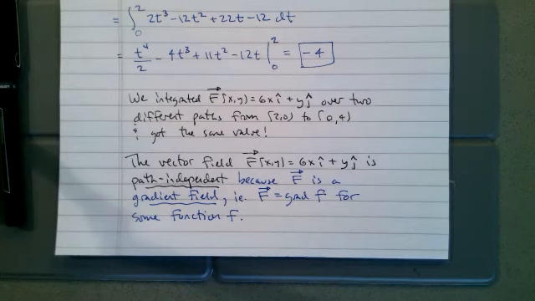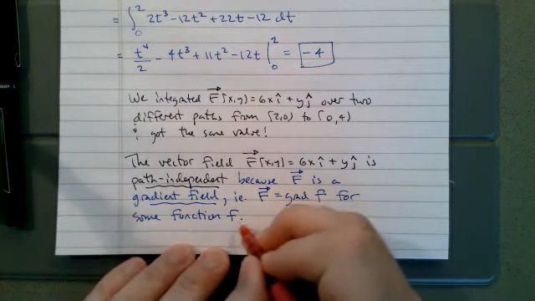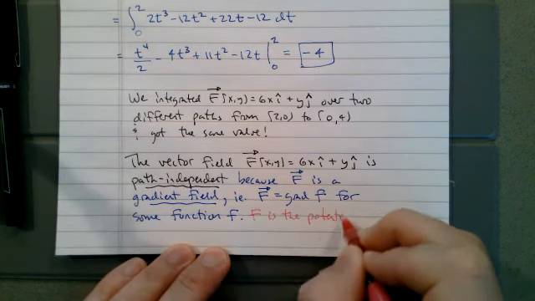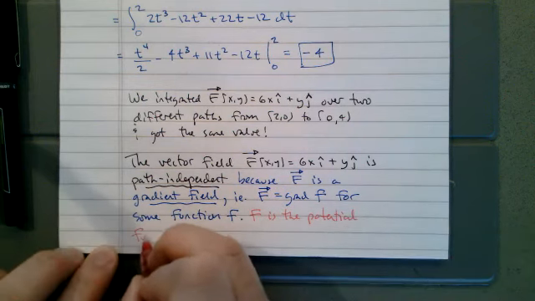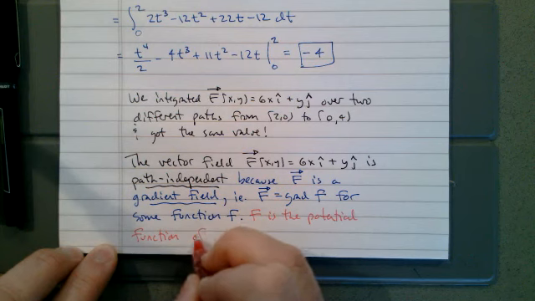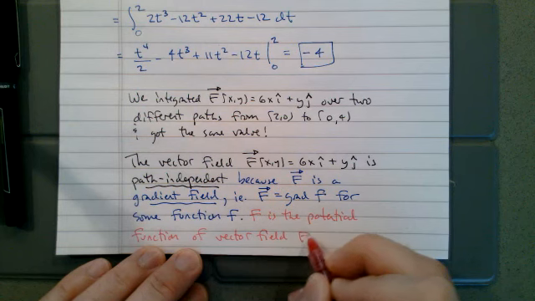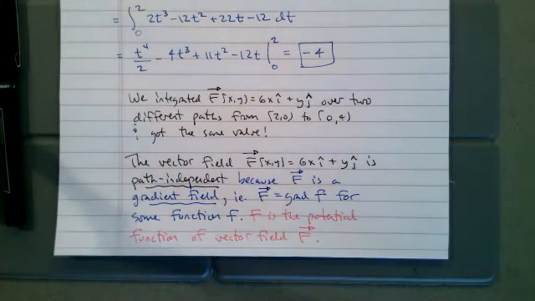The function f will be called the potential function of the vector field, because the gradient of f is equal to that vector field. Any questions?